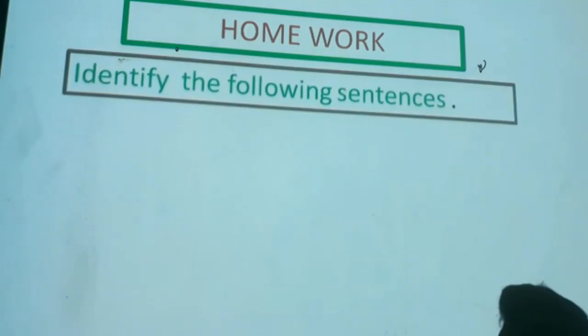Now homework. My dear students, now I am giving you some homework. You will study or practice at home. Next, identify the following sentences.